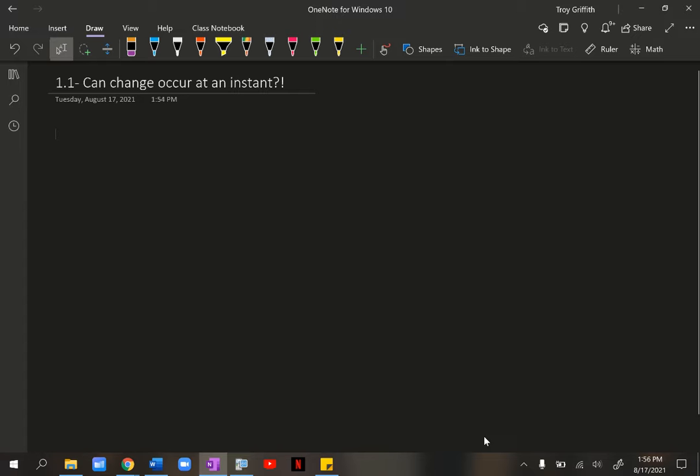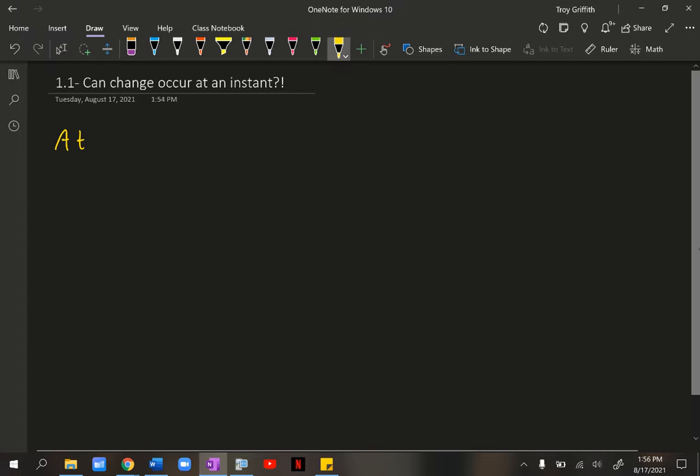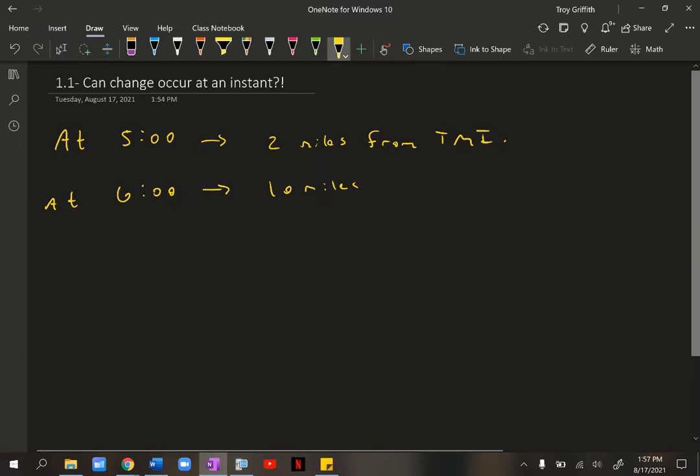So I want to start out with a scenario here. I want to see if we can determine some ways to figure out how fast we were moving at a particular instant in time. Okay, so I'm going to give us some information. Let's say that at 5 o'clock we were 2 miles from TMI, and then at 6 o'clock, an hour later, we were 10 miles from TMI.